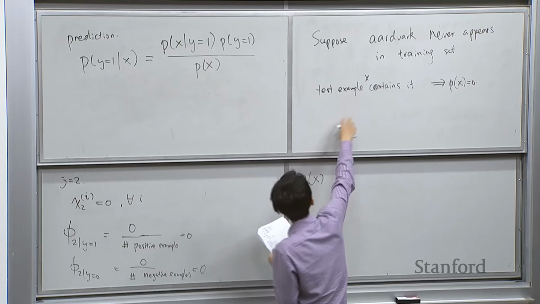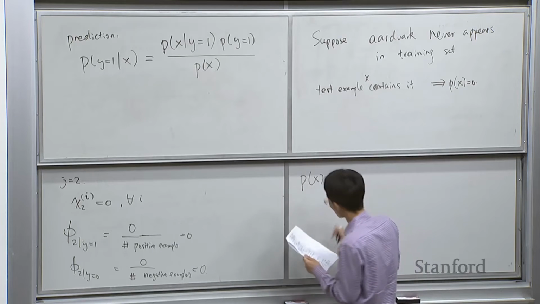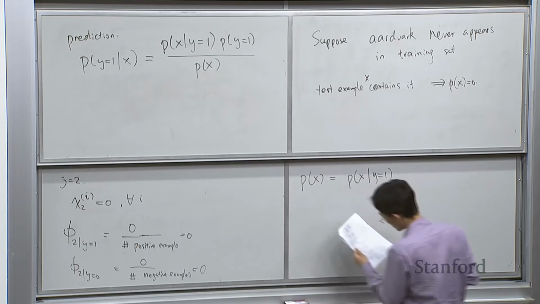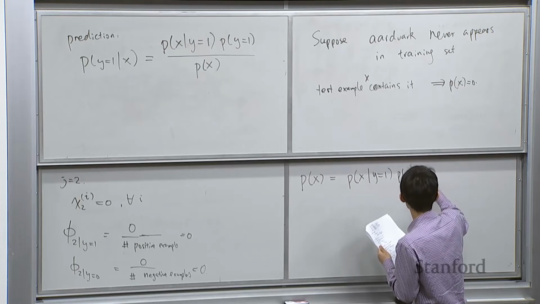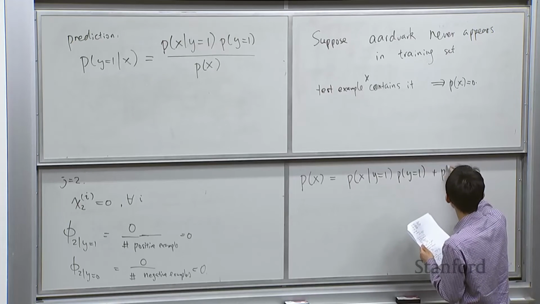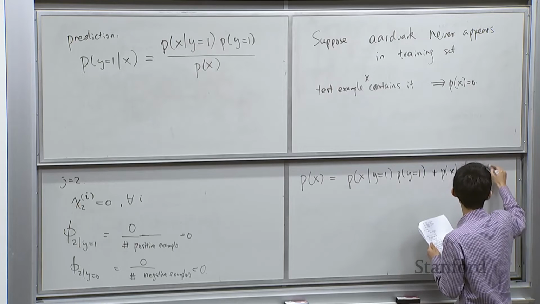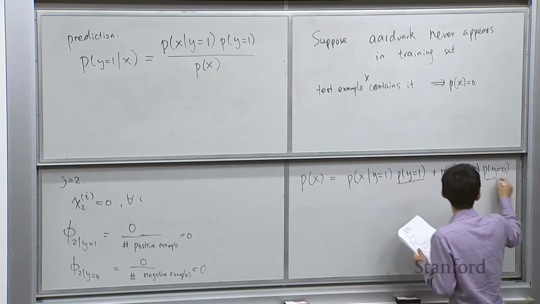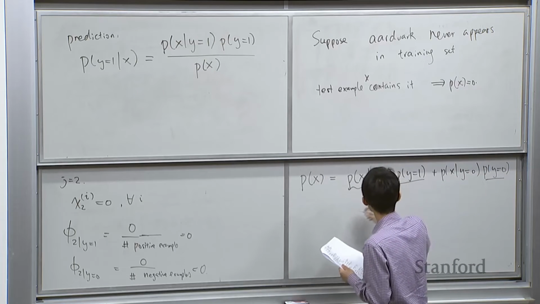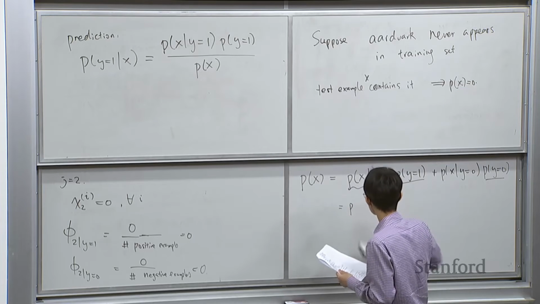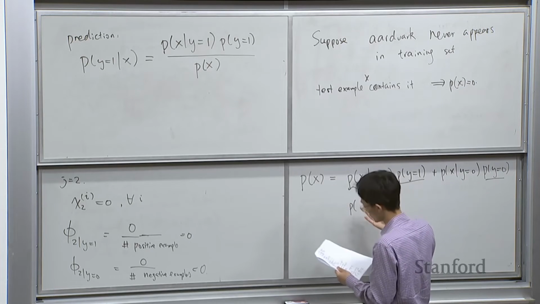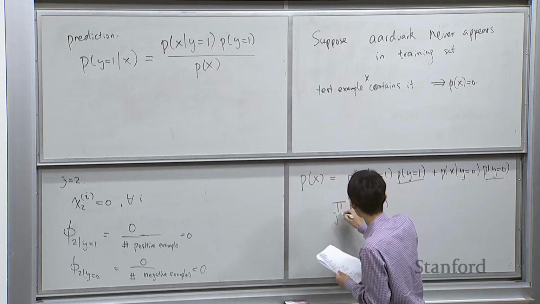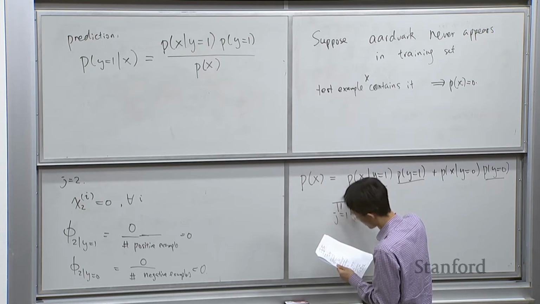for an example x that does contain the second word, then you're going to write this as p of x. So how to compute this? You use the total law of probability. You say this is equal to the case when y is 1 plus the case when y is 0. And of course, this is a positive number, this is a positive number, that's fine. But this one, using naive Bayes, is equal to the product of p of xj given y is 1, over j from 1 to d.